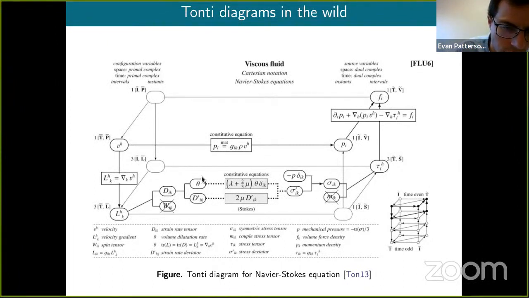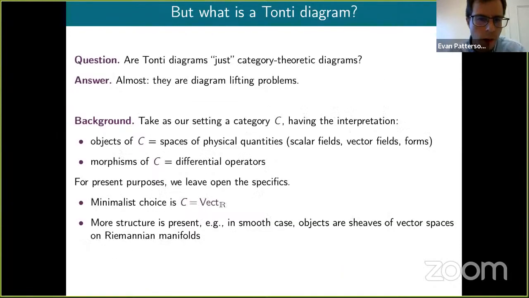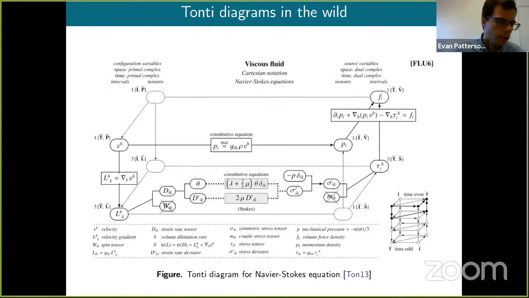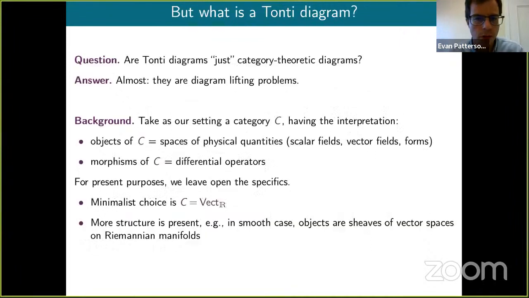There are various things going on in this diagram that make it hard to know exactly what it is. So one of the things we're trying to do here is put these diagrams on some kind of rigorous footing and understand what the heck these things are.